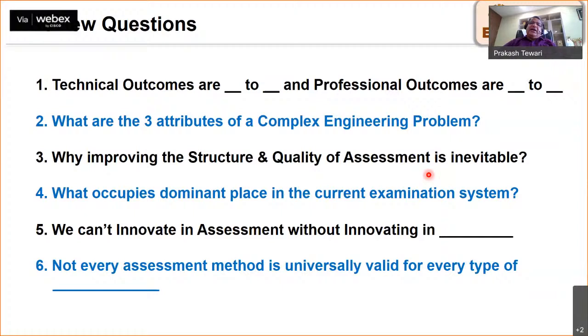We can't innovate in assessment without innovating in pedagogy. Last one: not every assessment method is universally valid for every type of learning outcome.